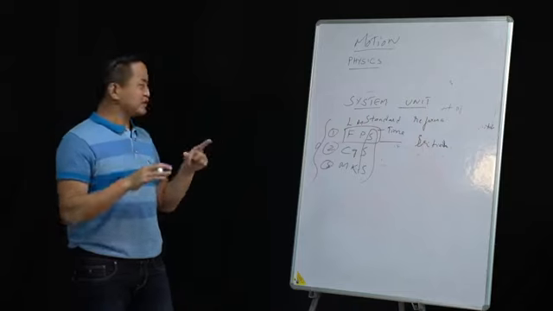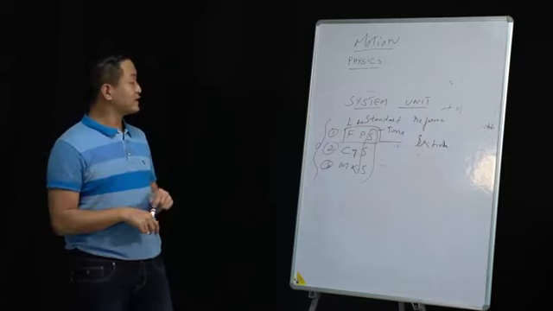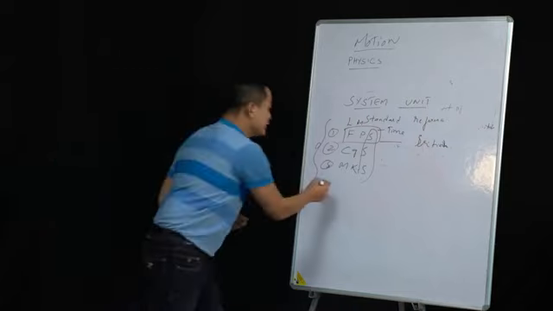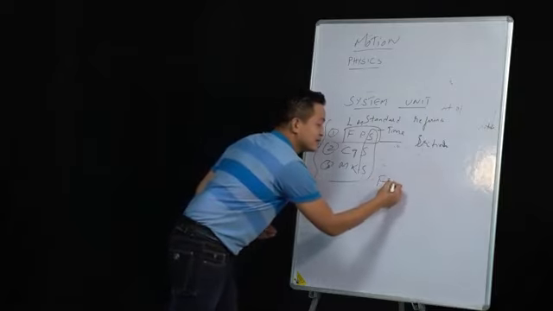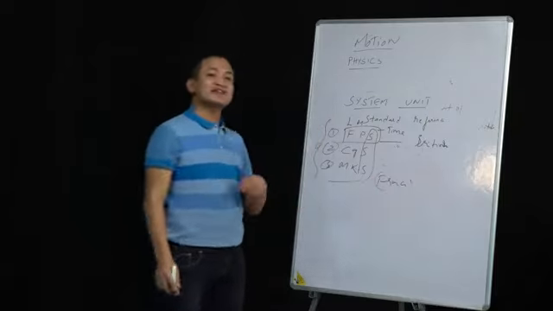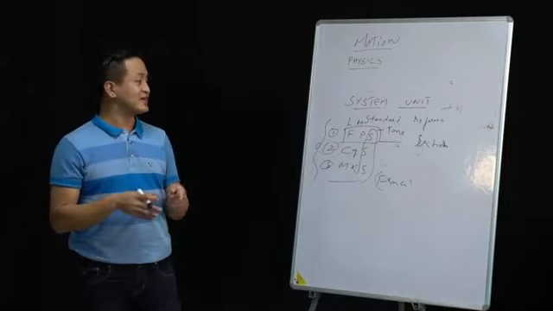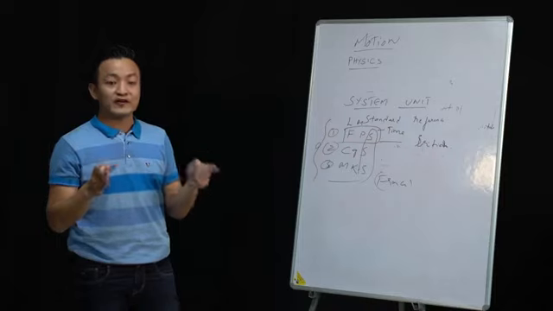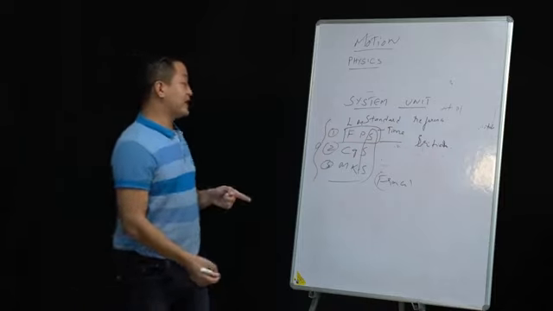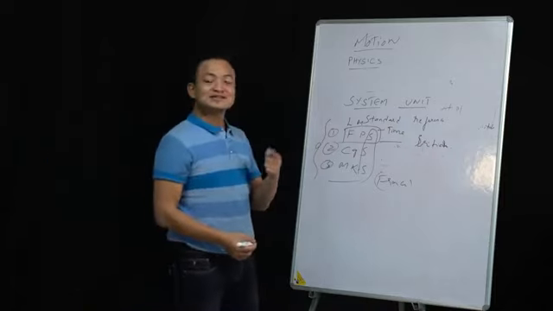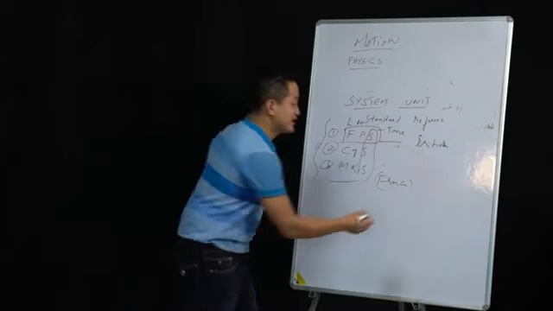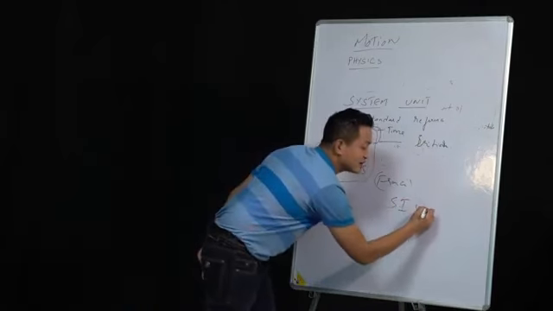So there used to be a lot of problems for this. But in France, there was a conference and they came to a conclusion that we should have one simple common unit for every country. So they came up with the international system of unit. So that is SI unit.